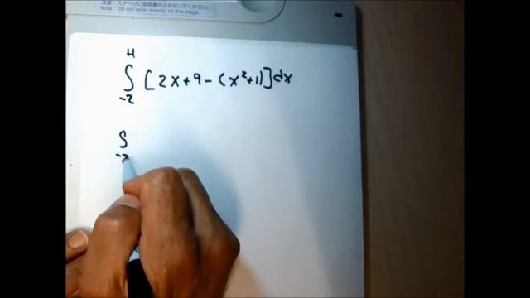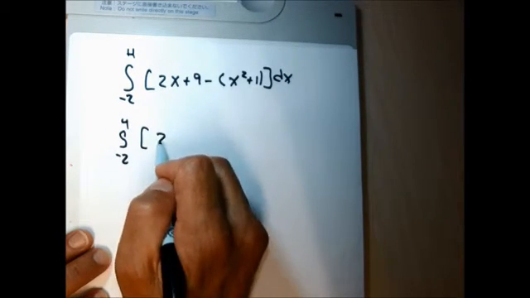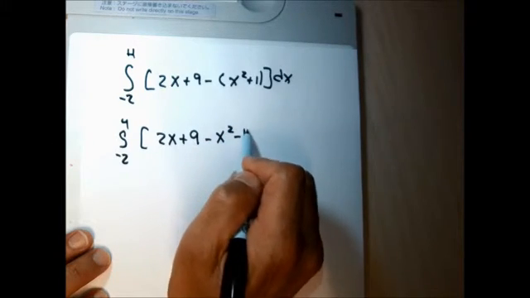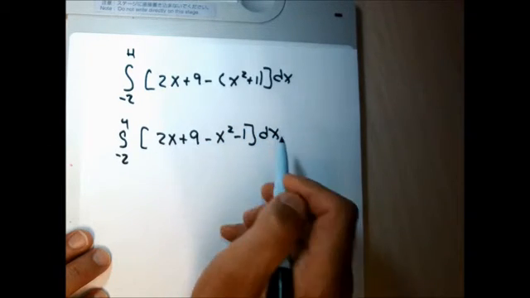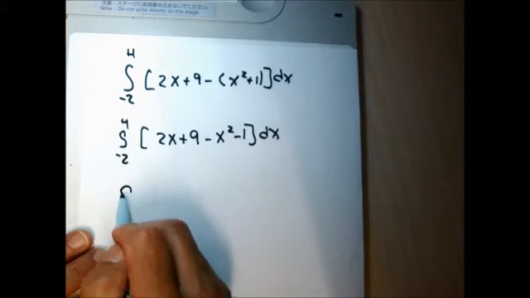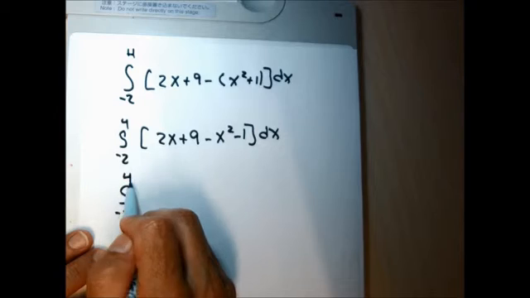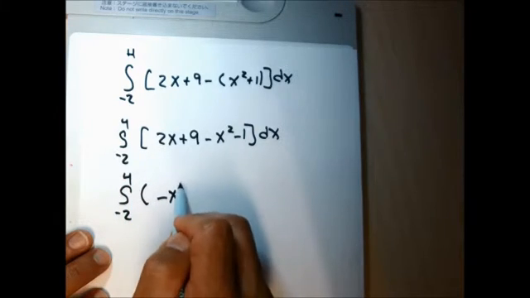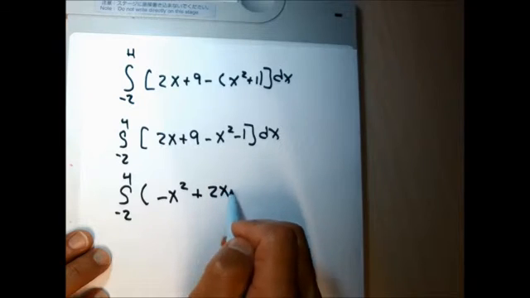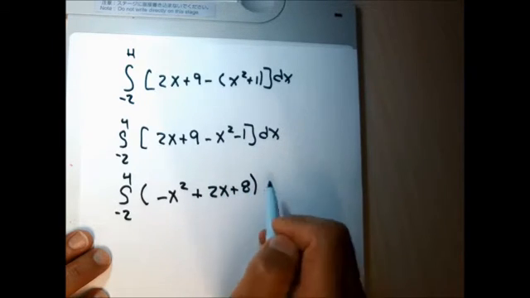I'm going to go -2 to 4 of 2x plus 9 minus x squared minus 1 dx to clear the parentheses. The plus 9 and minus 1 give me an 8. I get the integral from -2 to 4 of -x squared plus 2x plus 8 dx.